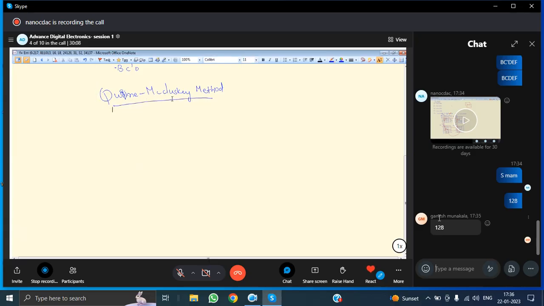So see here, this is also called the tabular method. The only intention behind going for this method is to reduce the effort. Even if you have many variables, it is very easy to find the prime implicants. In K-map, this is called a prime implicant.